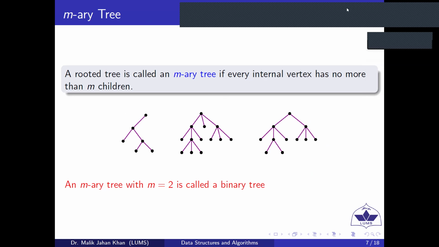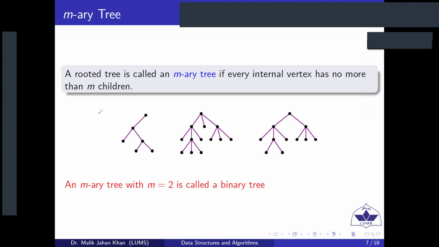So in this case, for the first tree on the left, m is equal to 2, because no vertex in this tree has more than 2 children. But if you look at the tree at the center, m is equal to 3 here because the number of children can go up to 3.